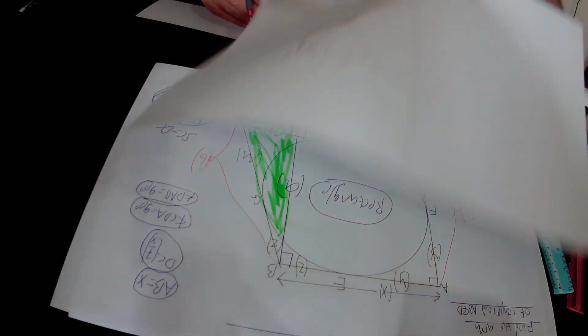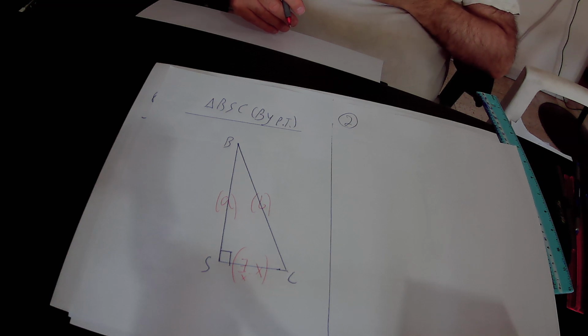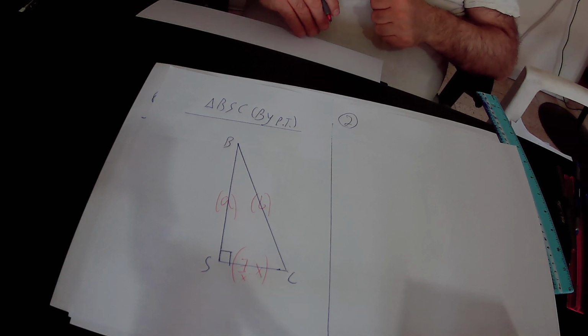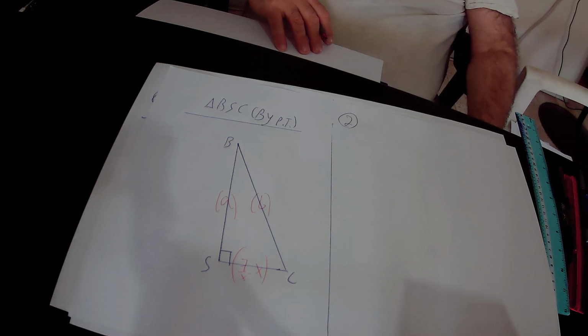So actually, this is the right green triangle BSC that I got from the original drawing. According to the Pythagoras theorem, in this right triangle BSC, BC square equals BS square plus SC square.